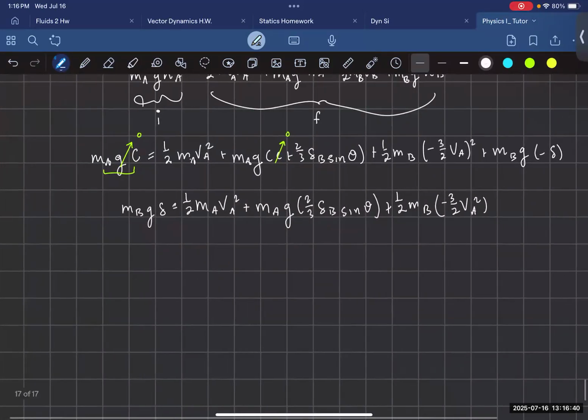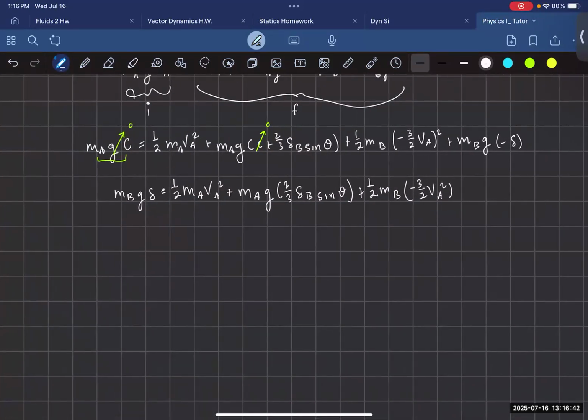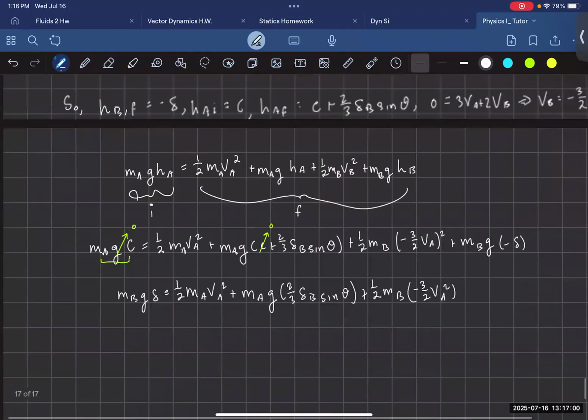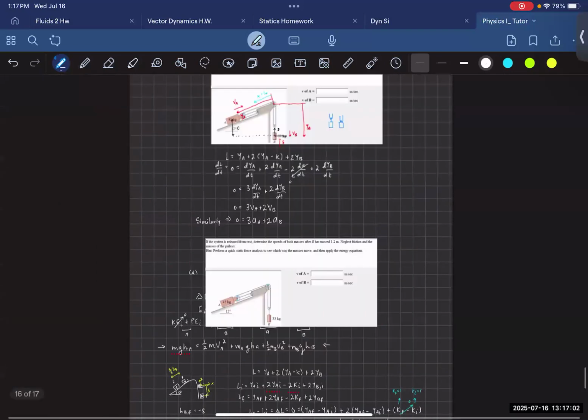At this point, you can either solve for velocity of A symbolically, like Professor Ellie does, and then plug in the numbers, or I was taught to use a numeric calculator when it gets complicated like this. I can show you guys how to use it, but for now, I'm going to use it.